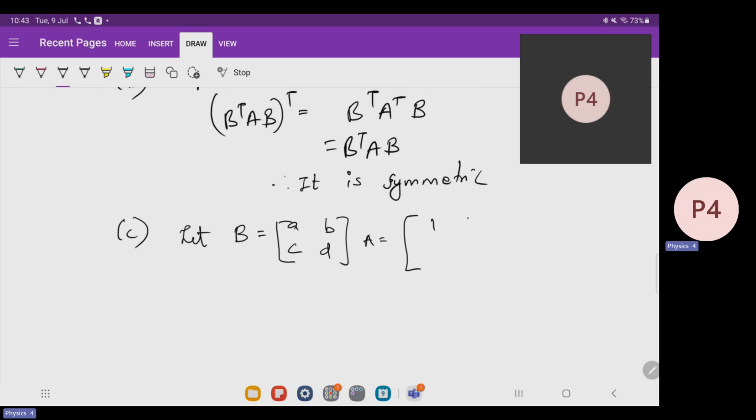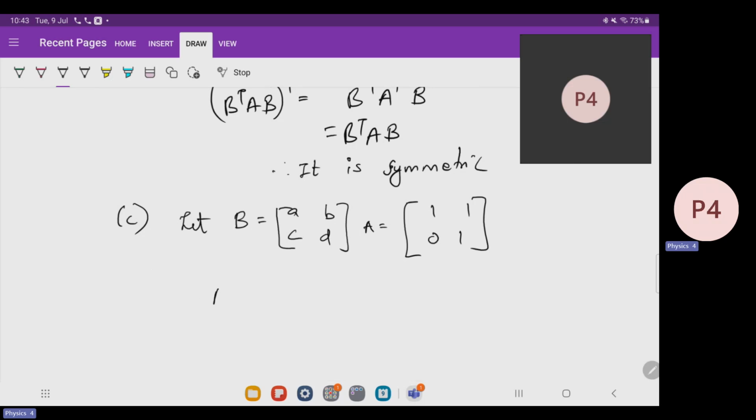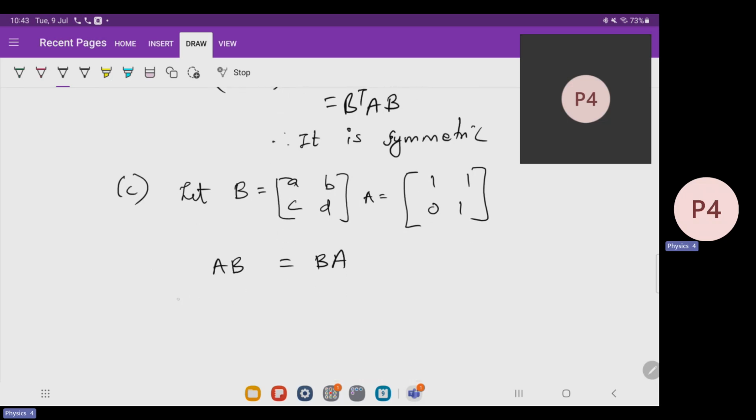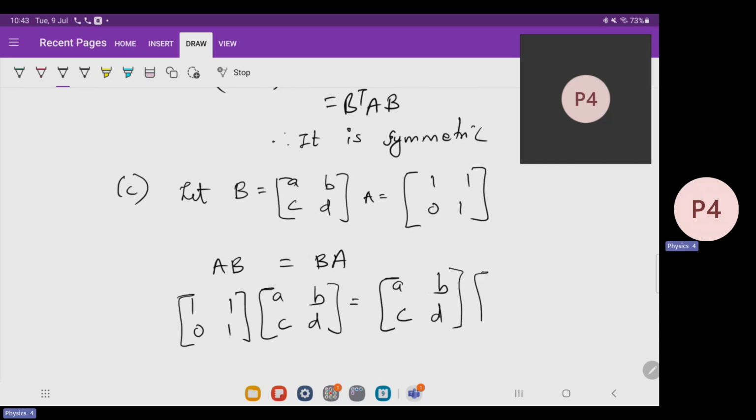A is equal to 1, 1, 0, 1. So they commute, which means AB is equal to BA. A, which is 1, 1, 0, 1, into B, which is a, b, c, d, is equal to B, that is a, b, c, d, into A, that is 1, 1, 0, 1.